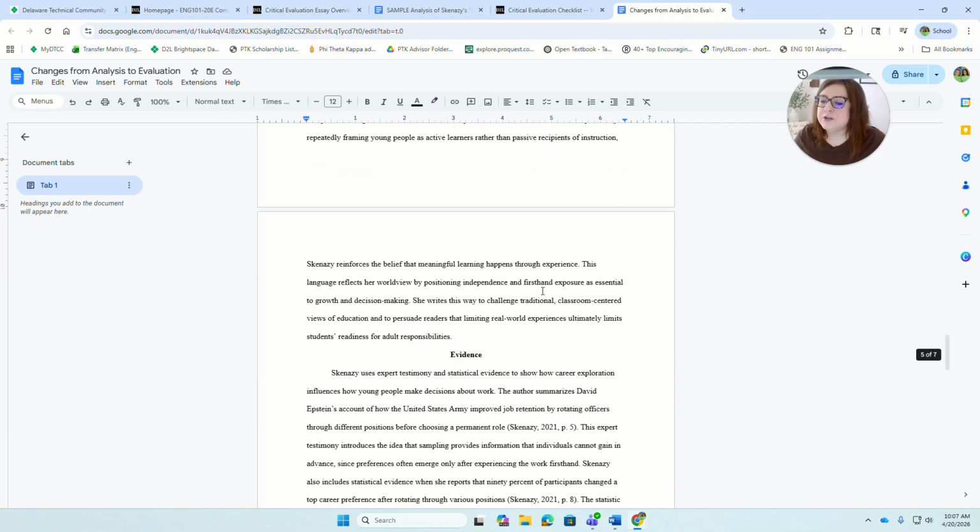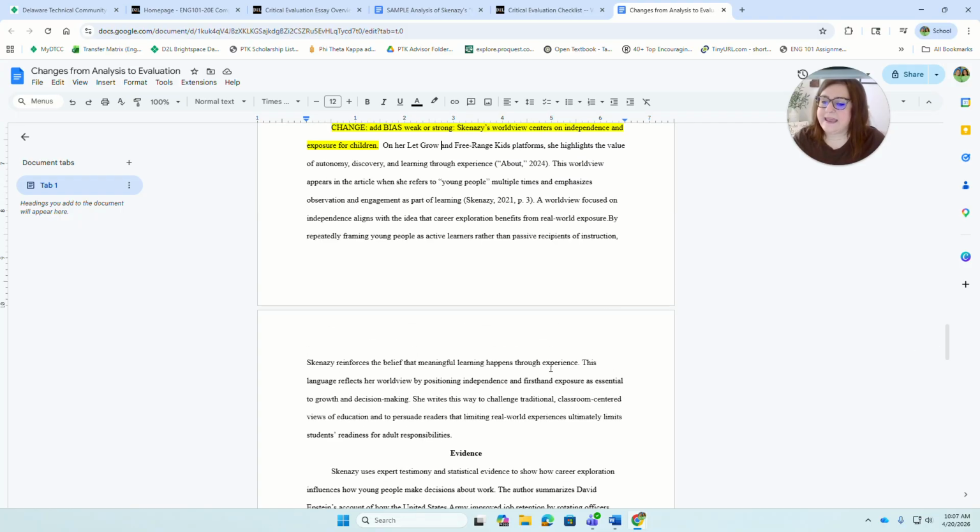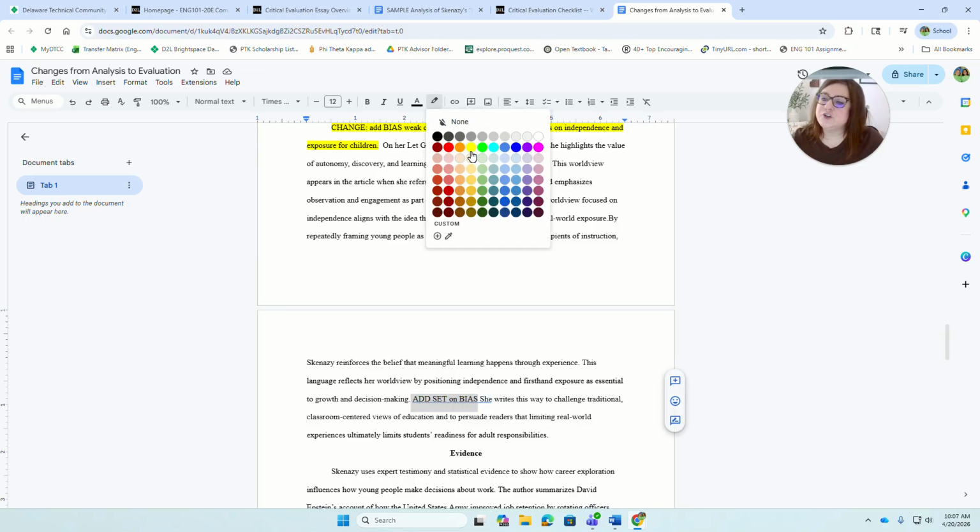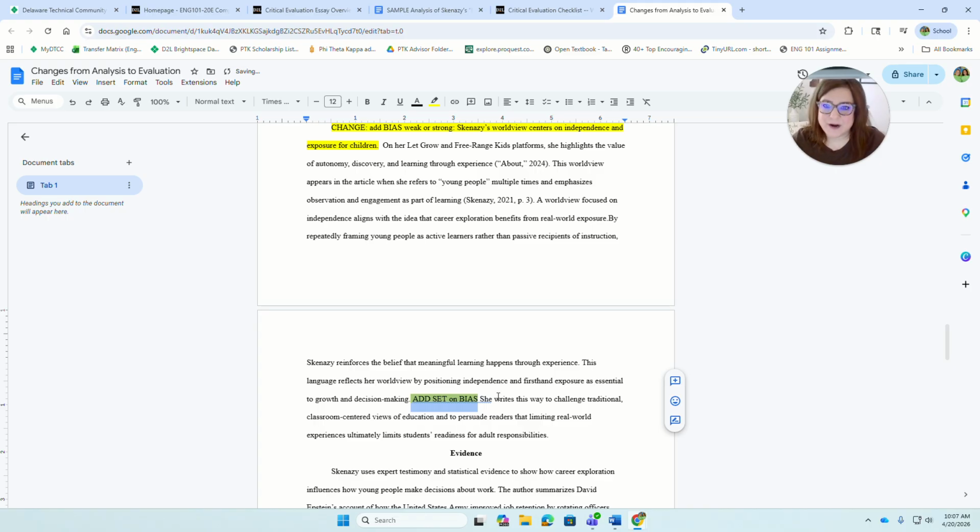Then, of course, right before I get into this tie-in, I'm going to add a whole set on bias. I'm going to say something like, additionally, the author's bias adds to her strength or adds to her weakness, whatever it is.